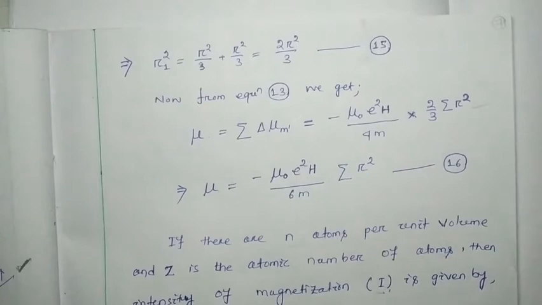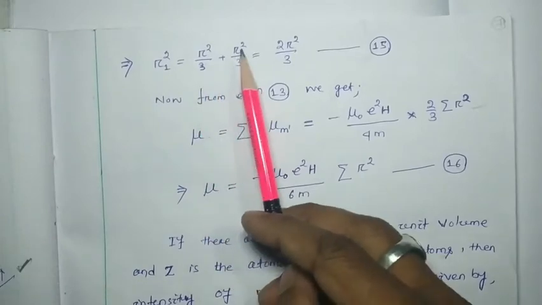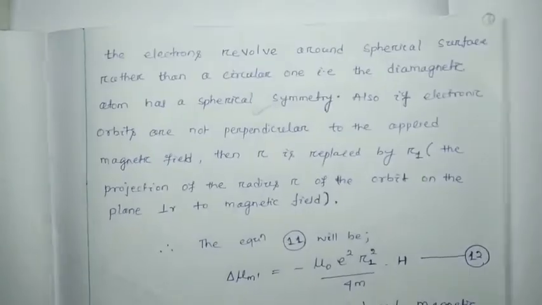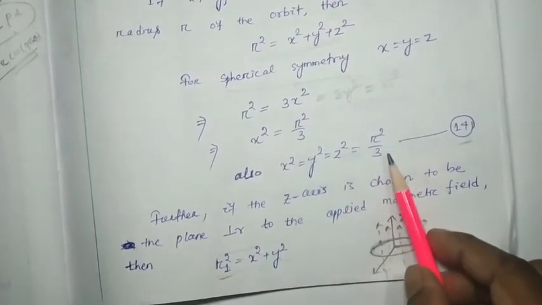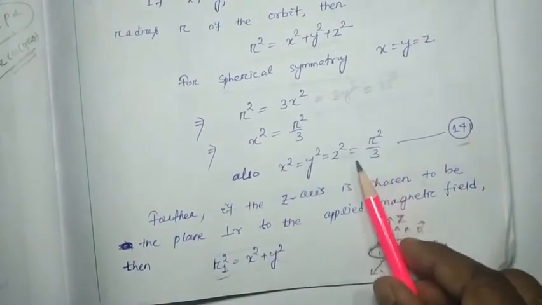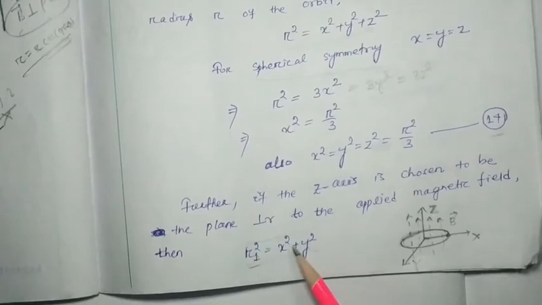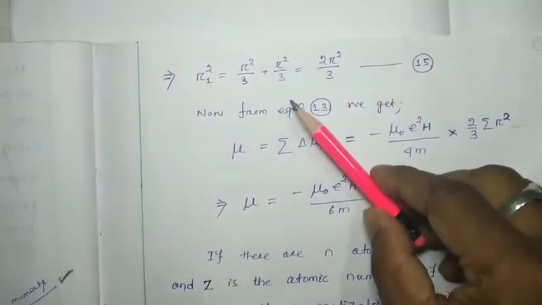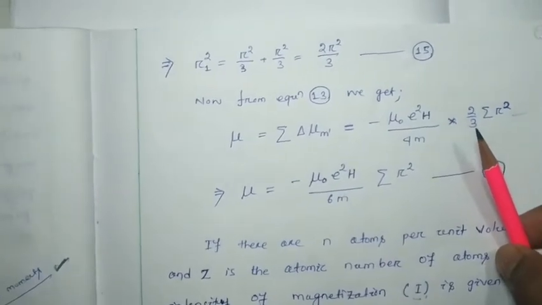So in this way, r1 square equals r square by 3 plus r square by 3, which is 2 r square by 3, because x square is r square by 3 and y square is also r square by 3. That is equation number 15.